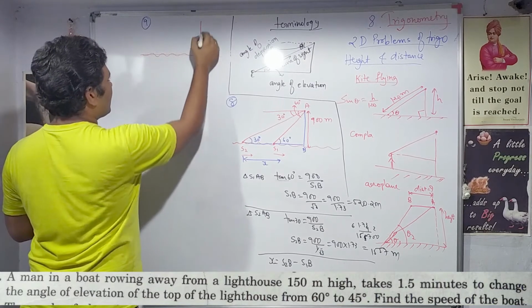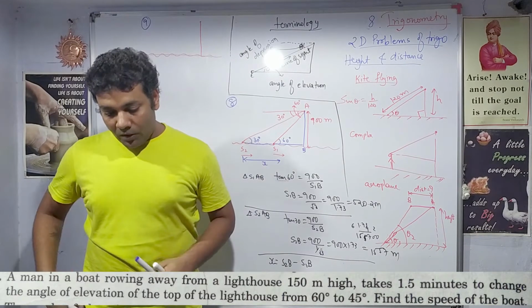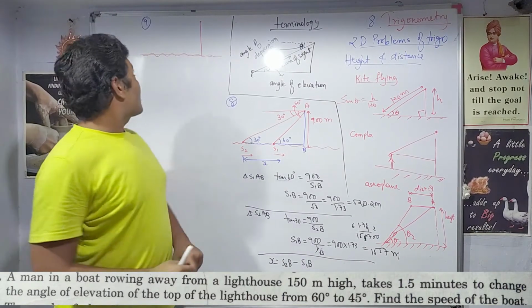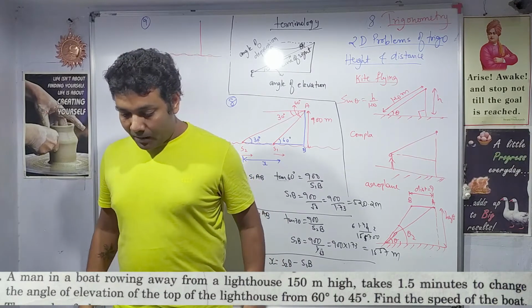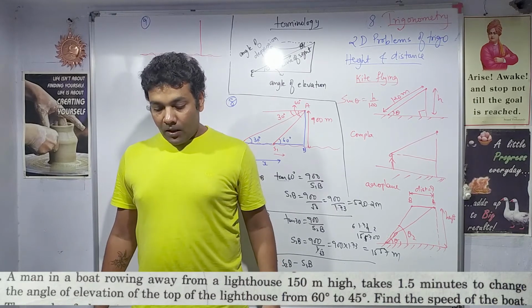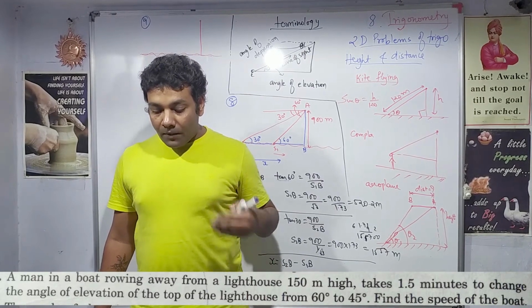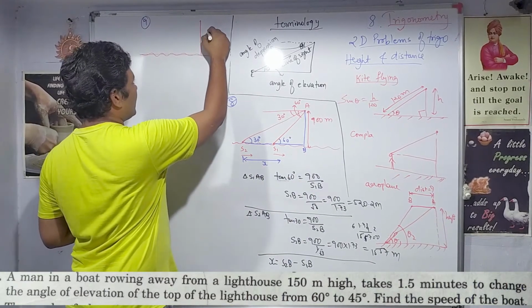It is in the ocean. Let us read the question again. Question number 9. Right, what does it say? A man in a boat rowing away from a lighthouse 150 meter high. So lighthouse is 150 meters.